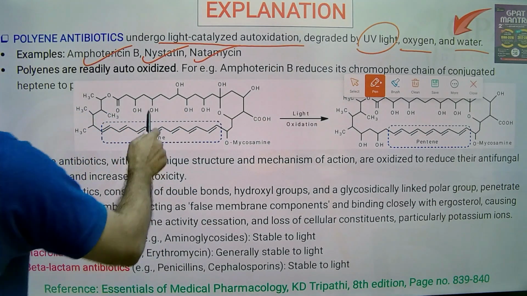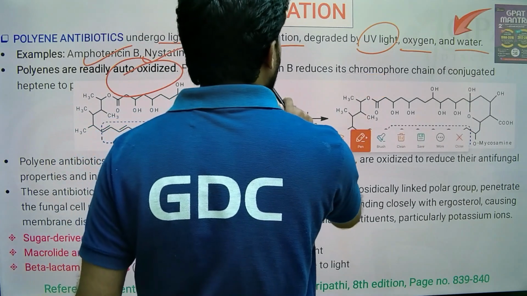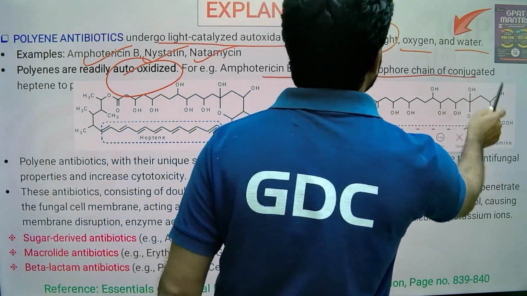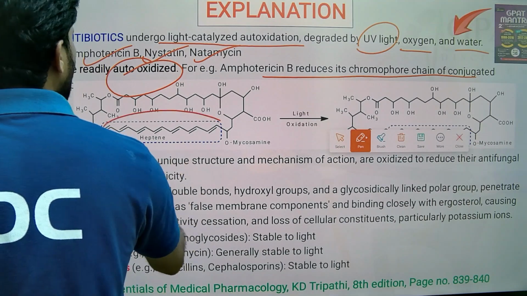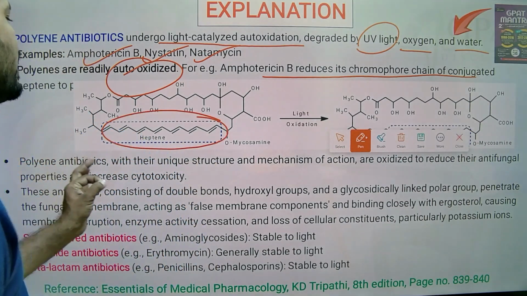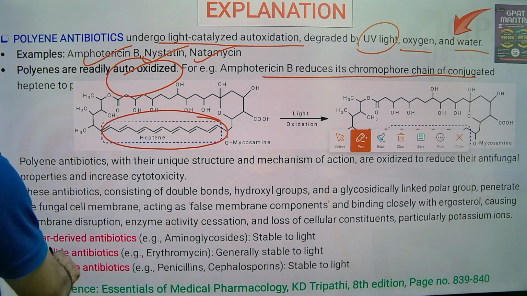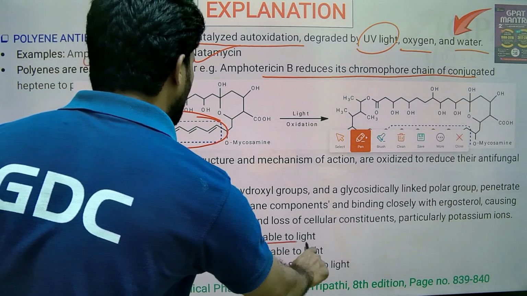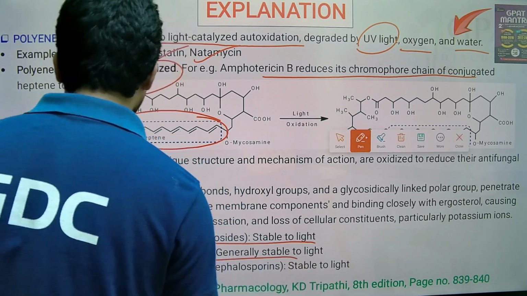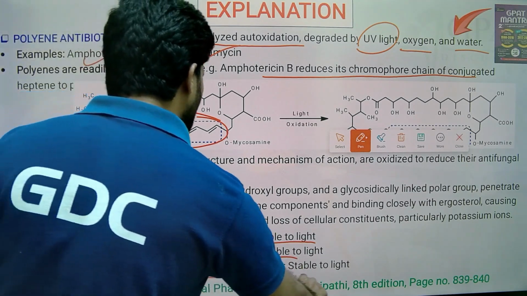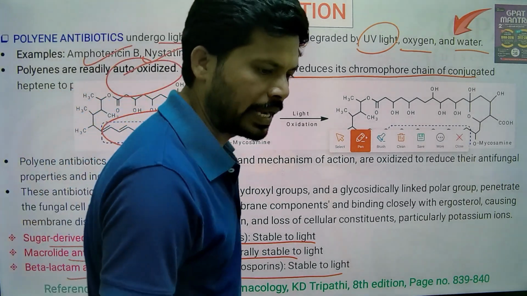The polyenes undergo auto-oxidation; amphotericin B reduces its chromophore chain of conjugated double bonds. Because of the many double bonds, these are known as polyene antibiotics. Sugar-derived antibiotics like aminoglycosides are stable to light, macrolide antibiotics like erythromycin are stable to light, and beta-lactam antibiotics like penicillin and cephalosporin are also stable towards light.